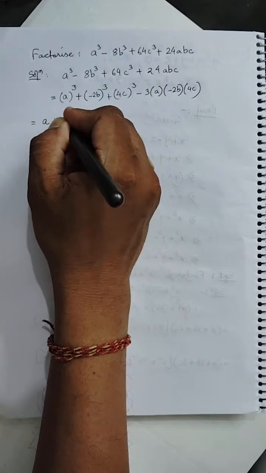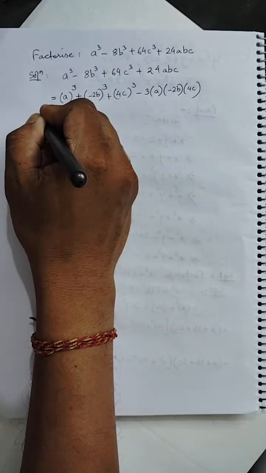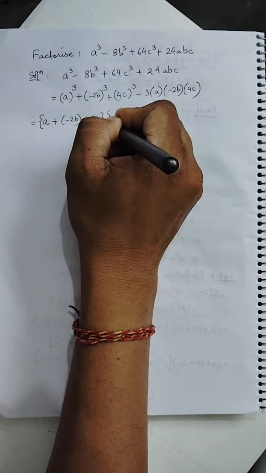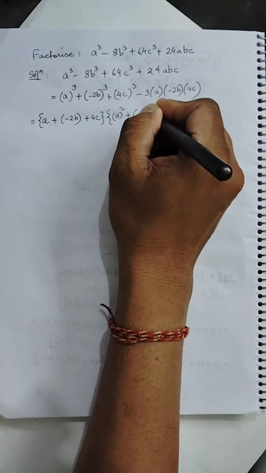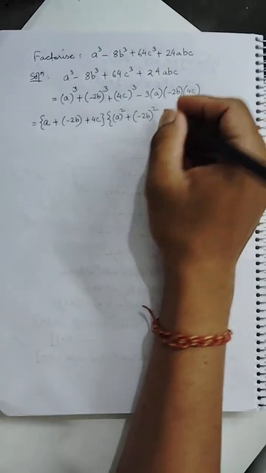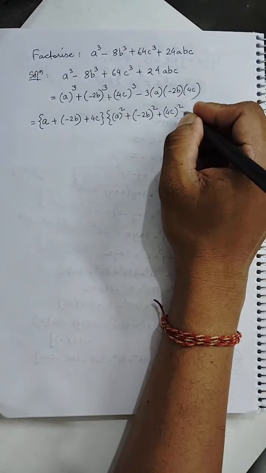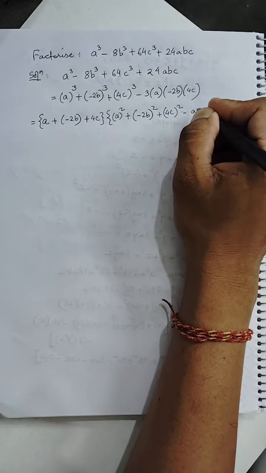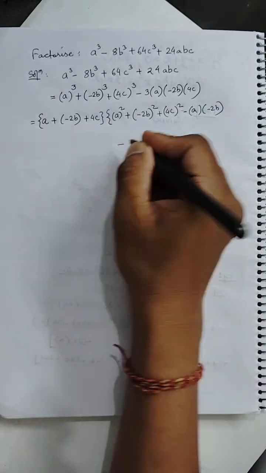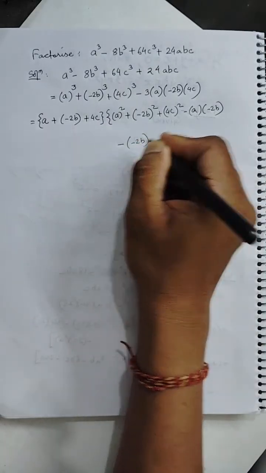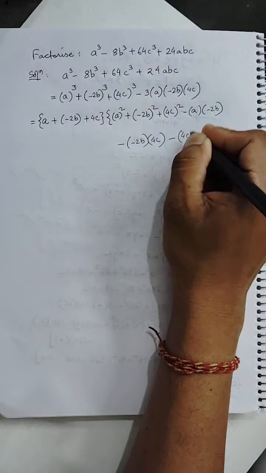a plus minus 2b plus 4c, a whole square plus minus 2b whole square plus 4c whole square minus a into minus 2b minus minus 2b into 4c minus 4c into a.